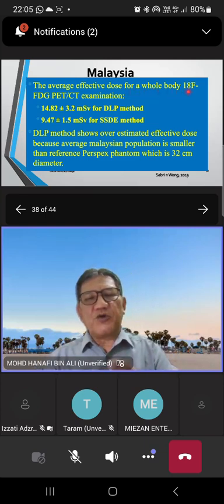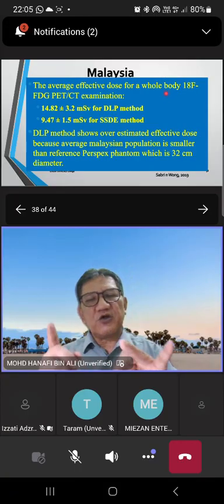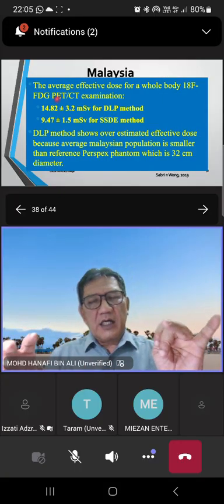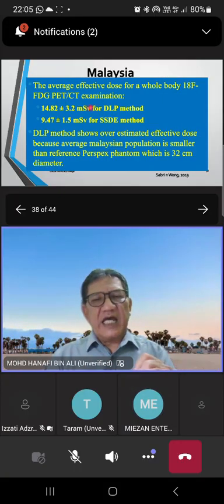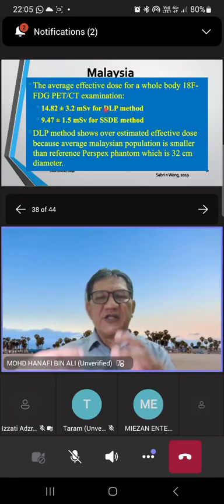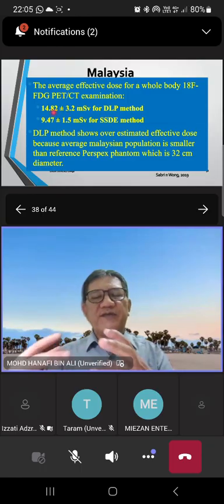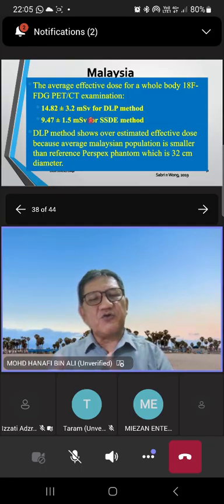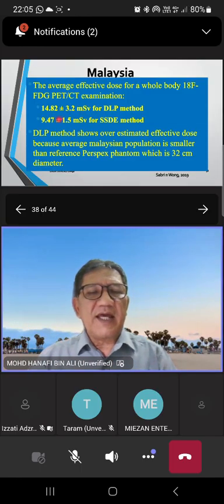If we use a good X-ray tube, detector, and computer efficiency, high tech, we can produce a very good image in a short time with quality so that we can reduce the dose to the patients. Yeah, and there are a number of methods to measure dose in CT scan.